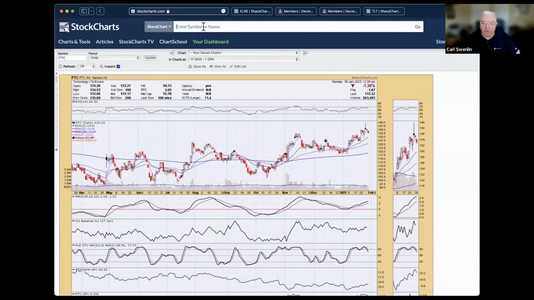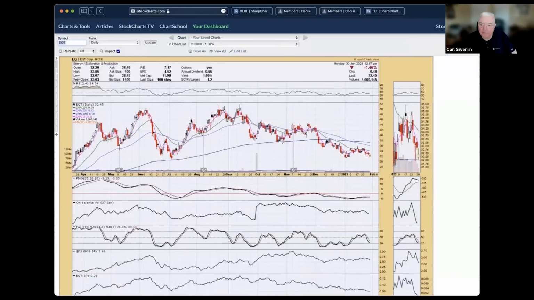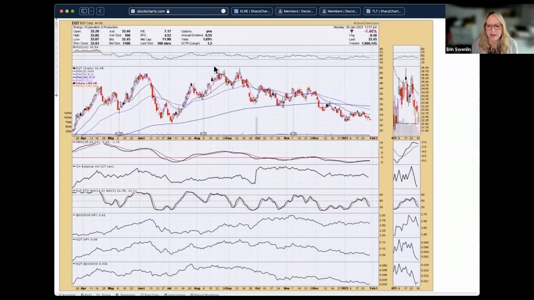Okay, EQT. All right, another energy stock getting ready to hit support. And this does look like fairly strong support right now, but PMO has turned downward. So again, not a candidate for a buy. Stochastics falling. So this is not a buy candidate.